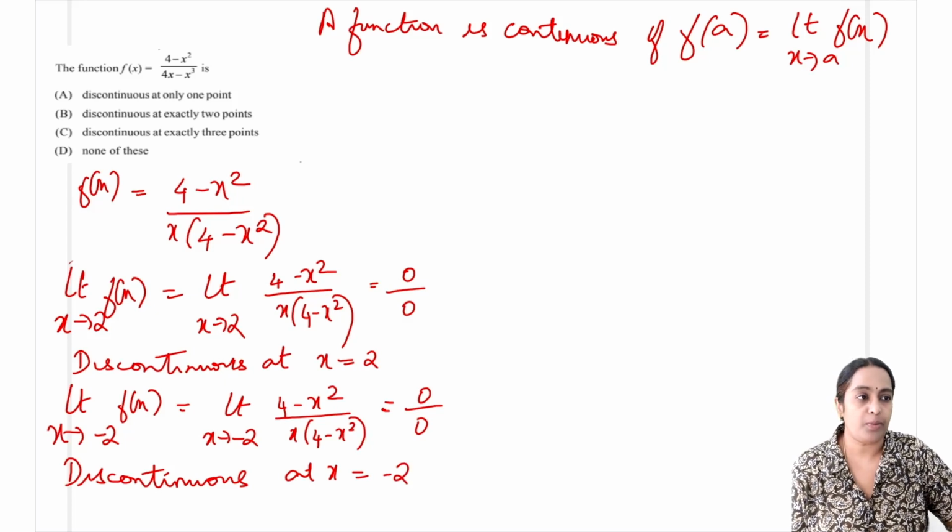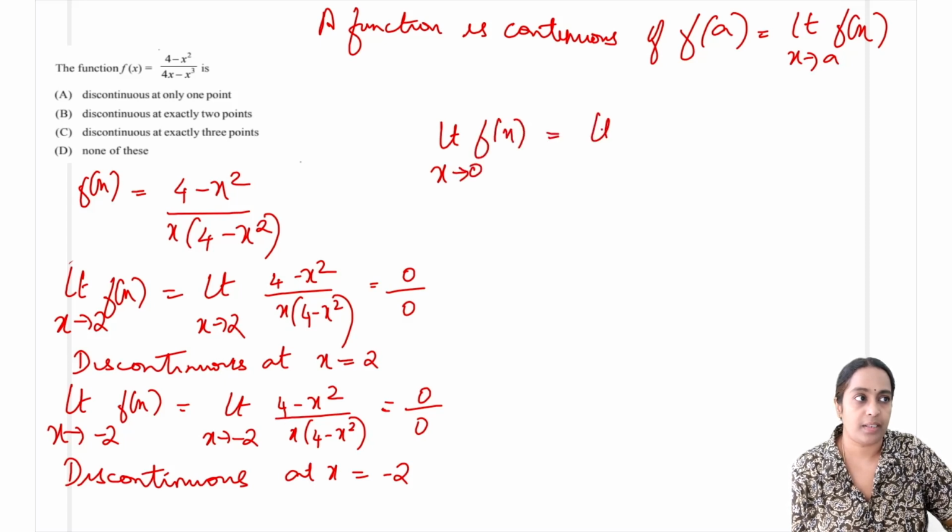Now when I substitute the value 0, I have x multiplied with (4 minus x square) in the denominator. If limit x tending to 0, f of x, the function is (4 minus x square) by x into (4 minus x square). So here 4 minus x square and 4 minus x square is getting cancelled.